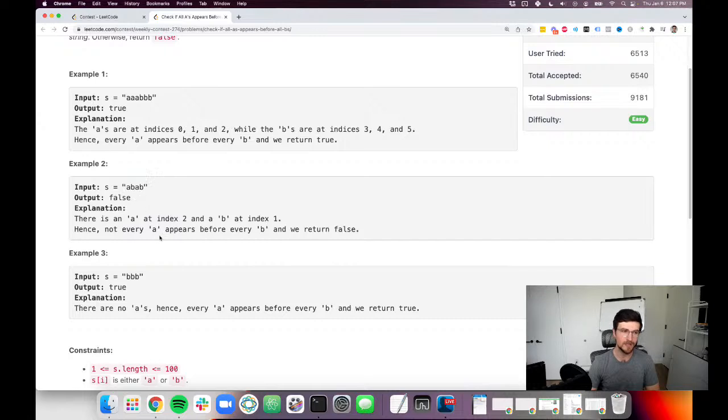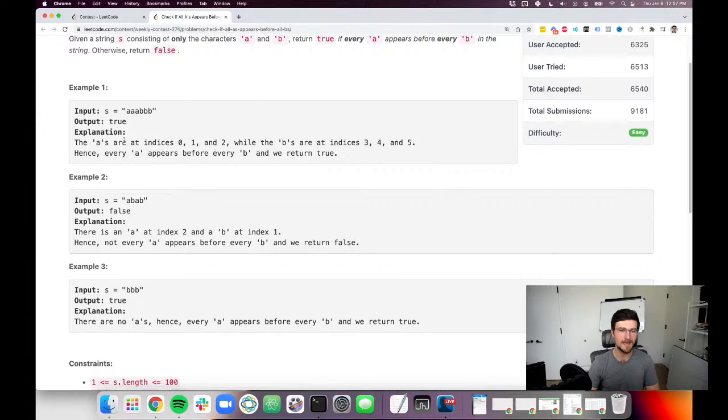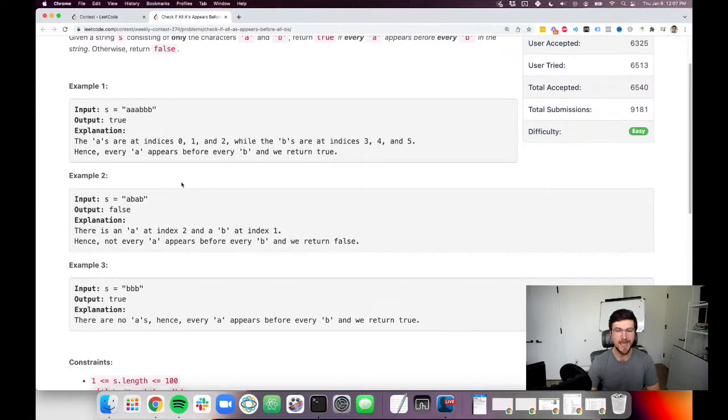One way to think about this is that we're essentially asking, is the string sorted or not? Another way to think about it would be, is there any pair of characters that is not in the right order? We only have two types of characters, so we only have to compare the two.